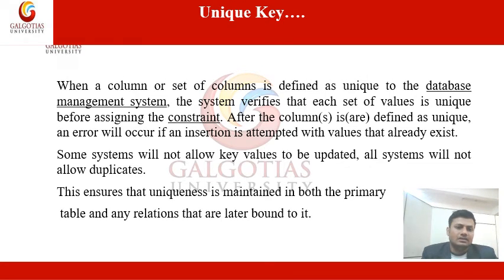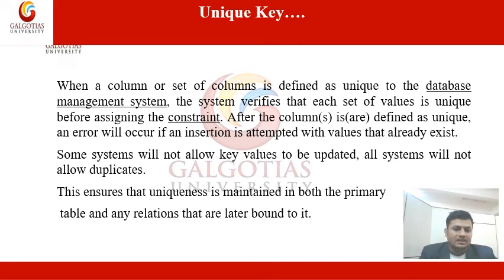Unique key, continued. When a column or a set of columns is defined as a unique key to the database management system, the system verifies that each set of values is unique before assigning the constraint. After the column is defined as unique, an error will occur if an insertion is attempted with values that already exist in the table.